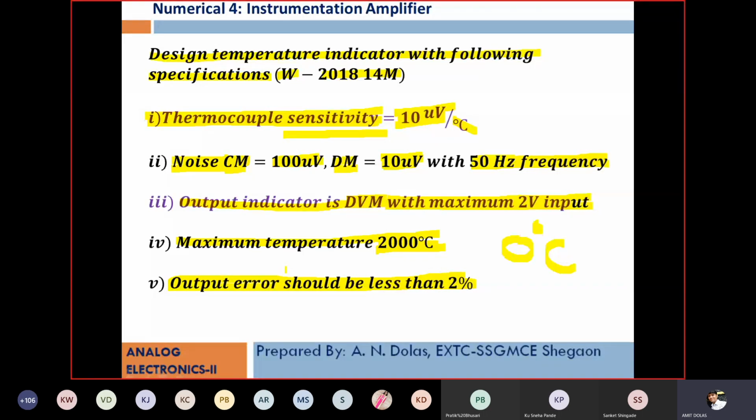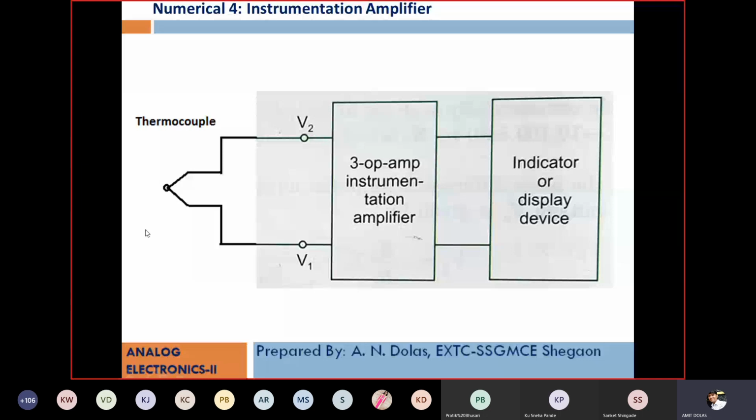Specifications are given. Now here you can observe the change in the previous diagram, with bridge and without bridge. The thermocouple symbol is like this. If you put this thermocouple to the temperature T, the output changes, and as given in the problem statement, it changes 10 microvolt per degree centigrade.